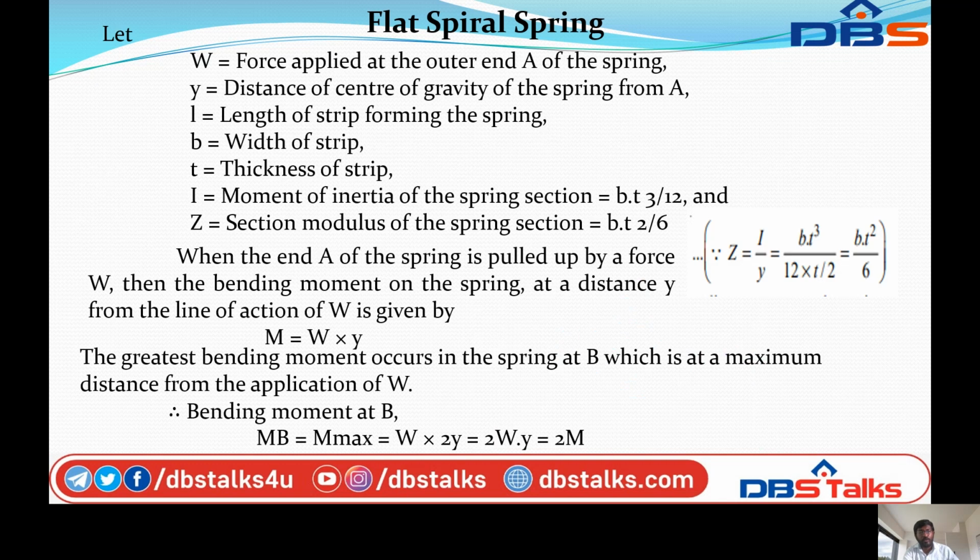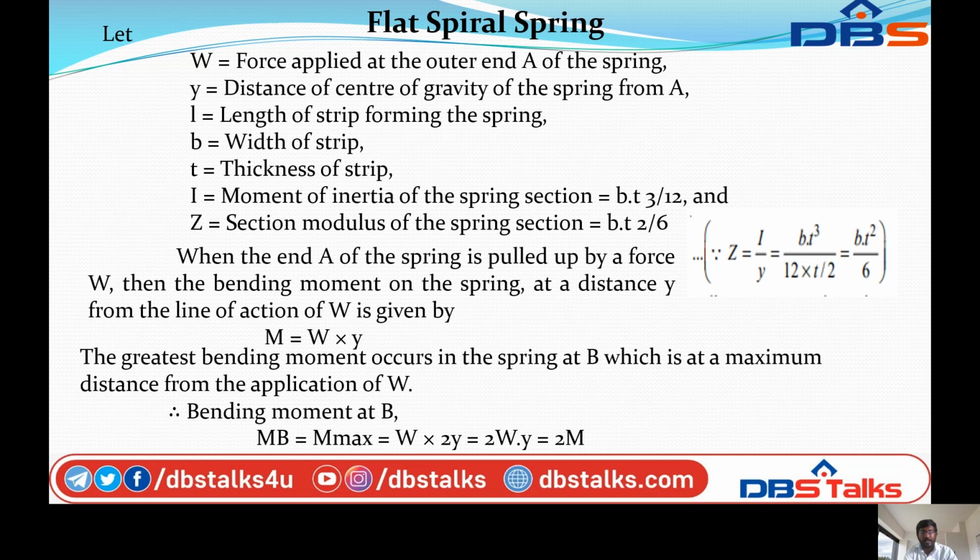Let W be the force applied at the outer end A of the spring. Y is equal to the distance of the center of gravity of the spring from A. L is equal to length of the strip forming the spring. B is equal to width of the strip. T is equal to thickness of the strip.